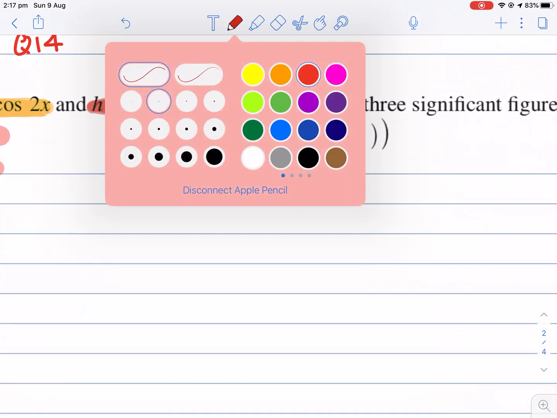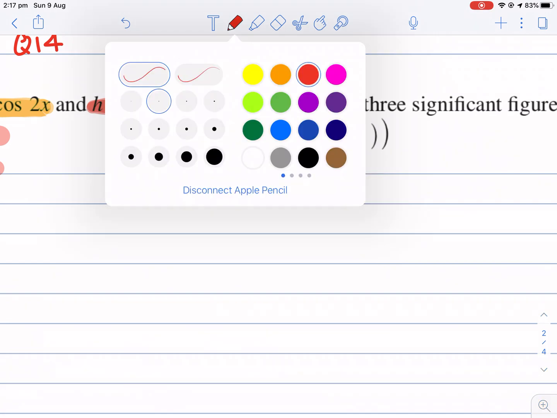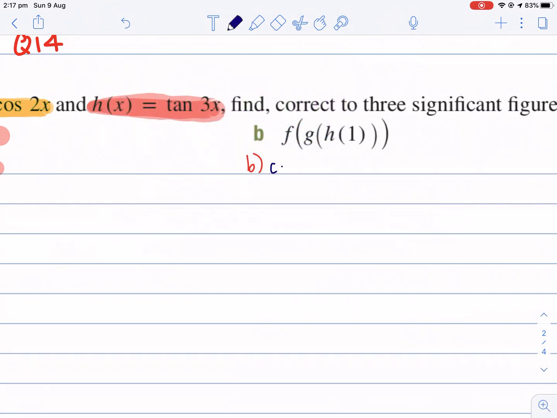For B, we've got f of g of h of 1. Now, I'm going to unwrap from the inside. H of 1 is tan 3 times 1.